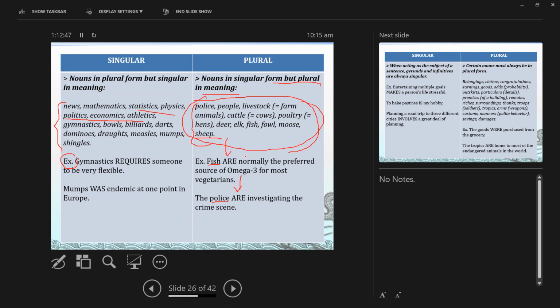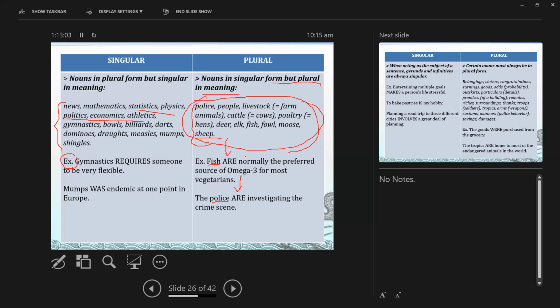As you can see, I used are. You can also use were. Basta yung verb ay plural. The police were patrolling around the city.